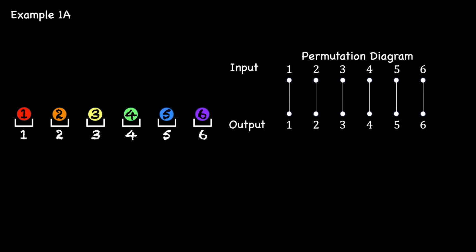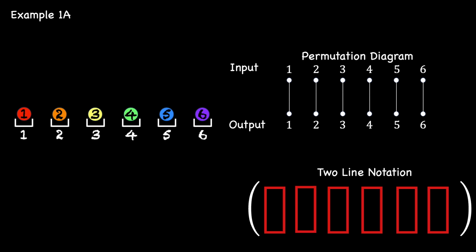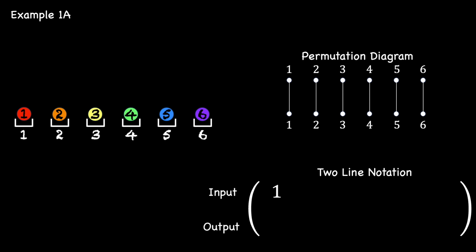But that's not all we can do. We might be more efficient by reducing this diagram down to a two-line notation. In two-line notation, we create a two-row, n-column matrix using large parenthesis symbols. In this case, n equals 6 since we have 6 balls. In the first row of our matrix, we write the input values, which are the numerical labels for each ball.